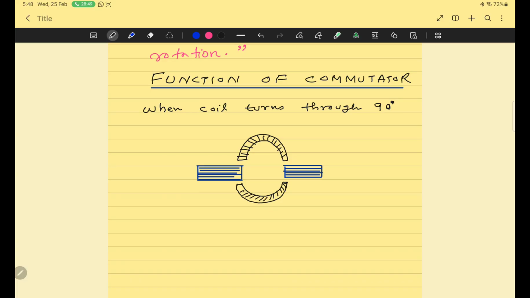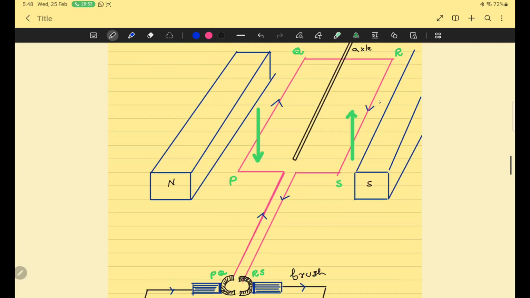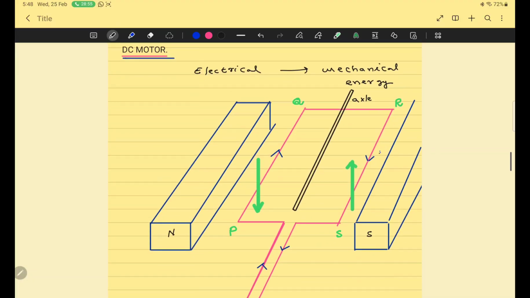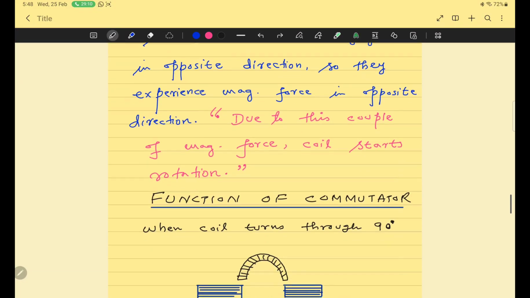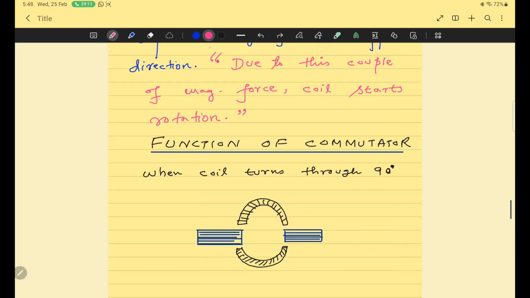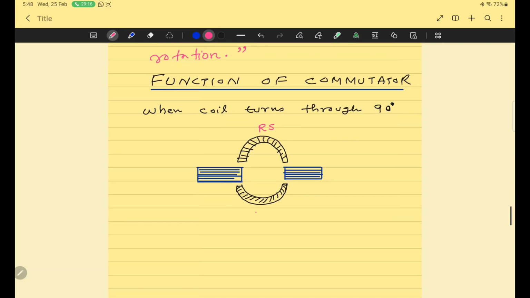This is the new position of the commutator when the coil turns 90 degrees. If we assume the coil is turning anti-clockwise by these forces, then side RS will move upward, and side PQ will move downward.